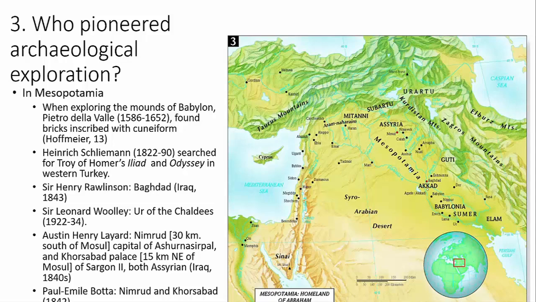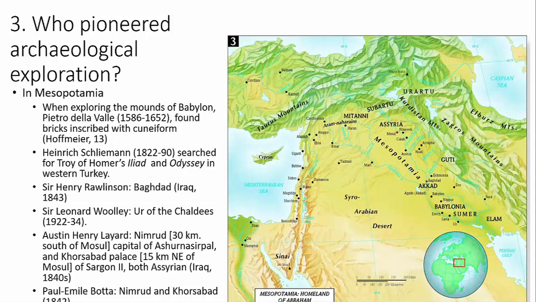Nimrud is located 30 kilometers south of Mosul, whereas Khorsabad is 15 kilometers northeast of Mosul. What's important about these is they are capitals associated with Ashur-Nasirpal and Sargon II Assyrians.